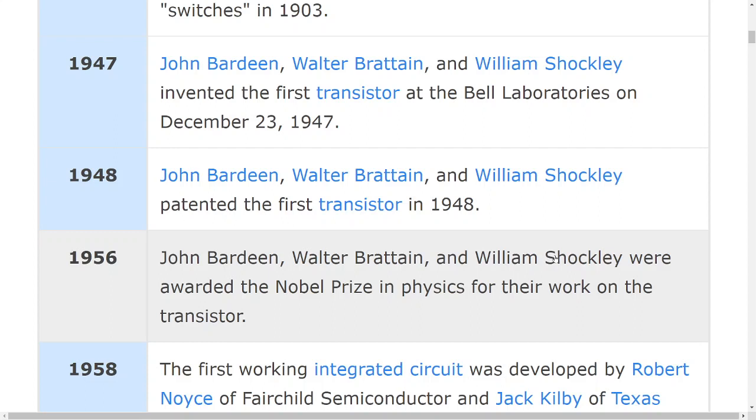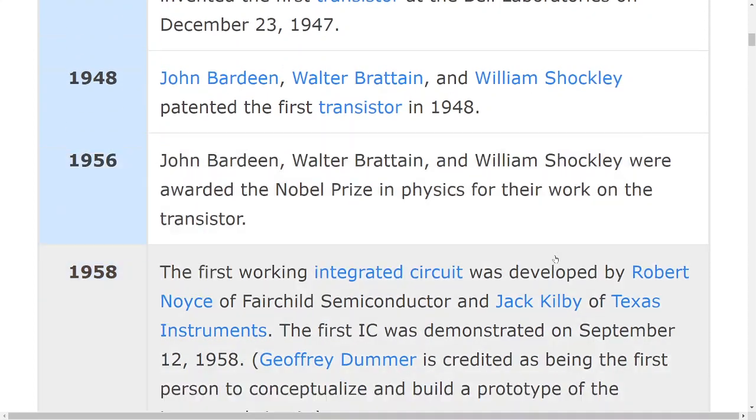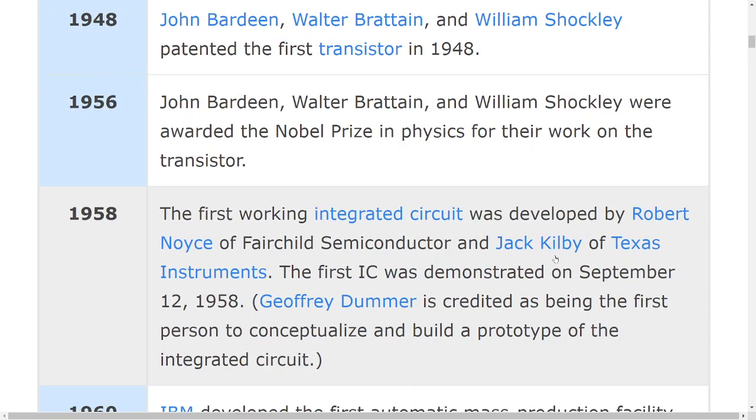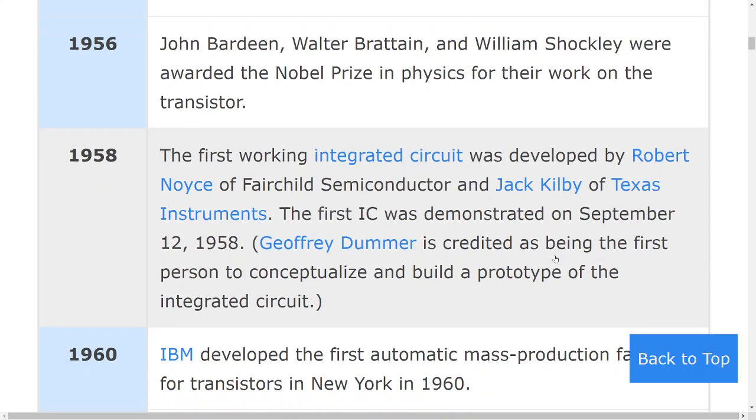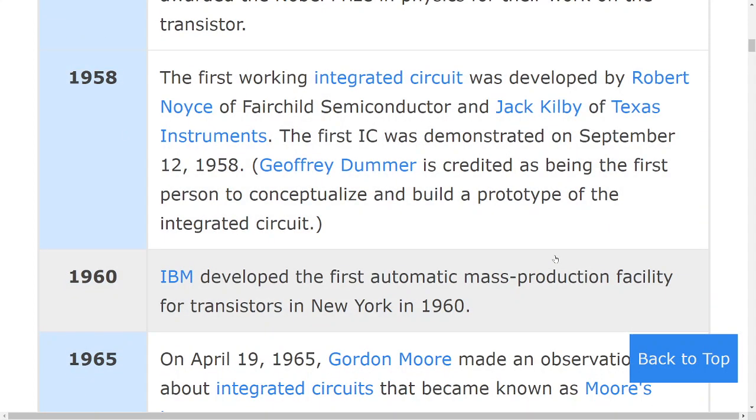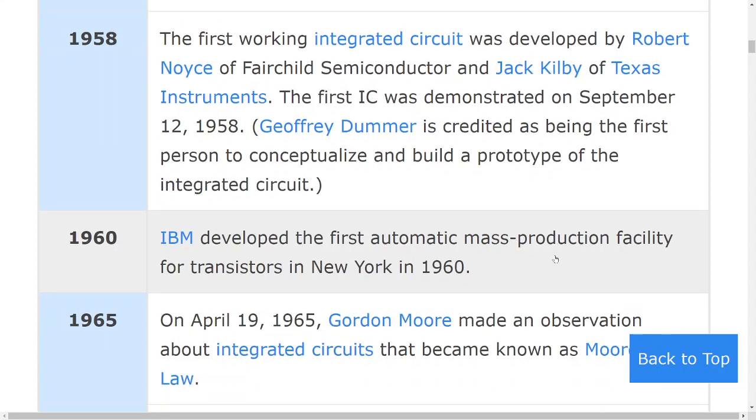In 1956, the group of scientists were awarded the Nobel Prize in Physics for their work on the transistor. In 1958, ICs or integrated circuits were developed by Robert Noyce and Jack Kilby of TI. Robert Noyce was a CEO of Intel. In 1960, IBM developed the first automatic mass production facility for transistors.